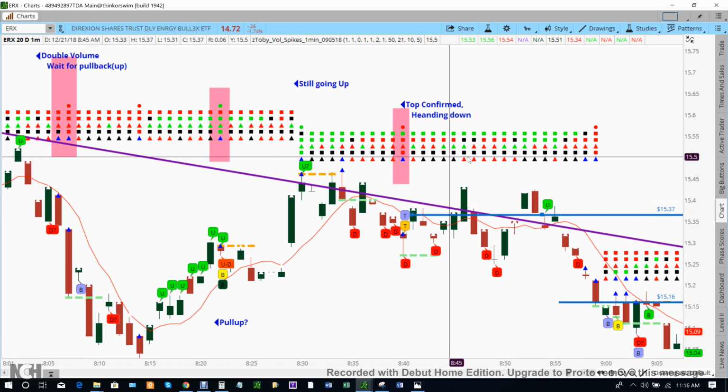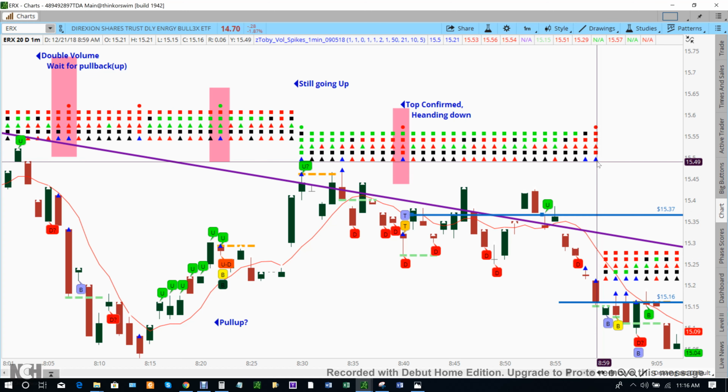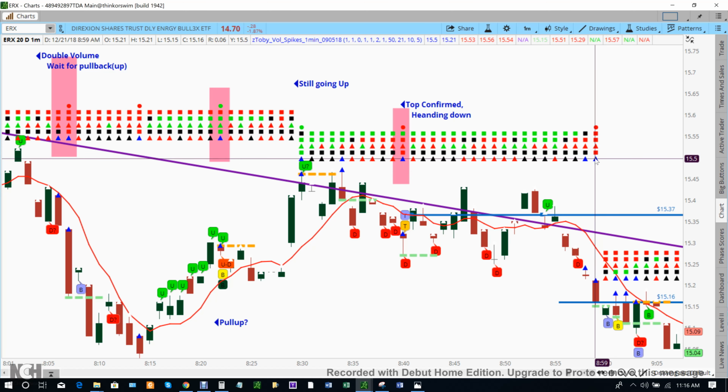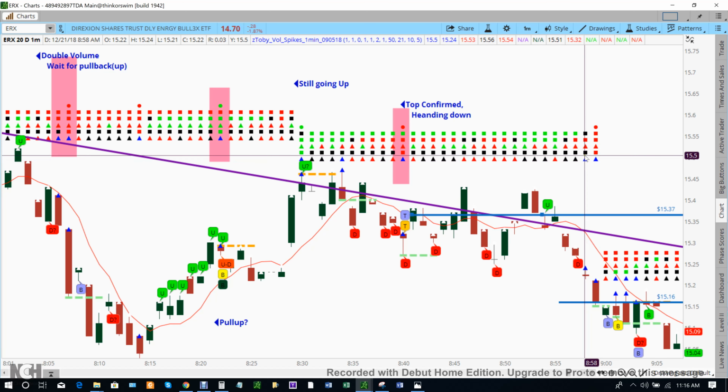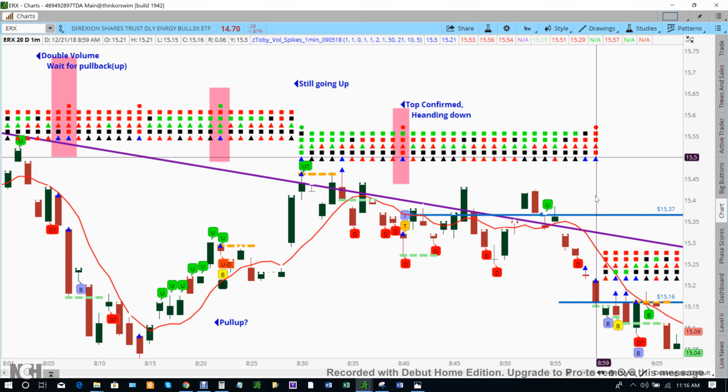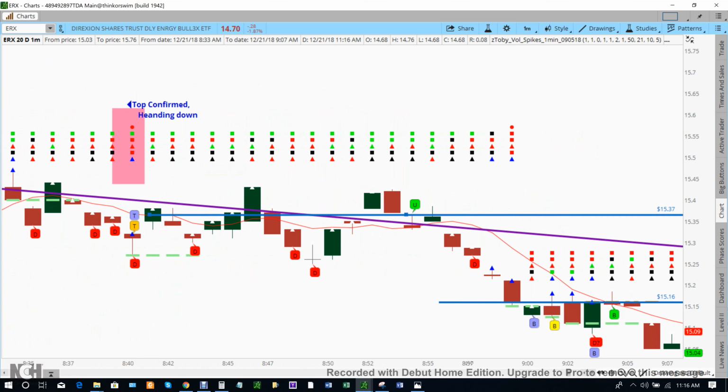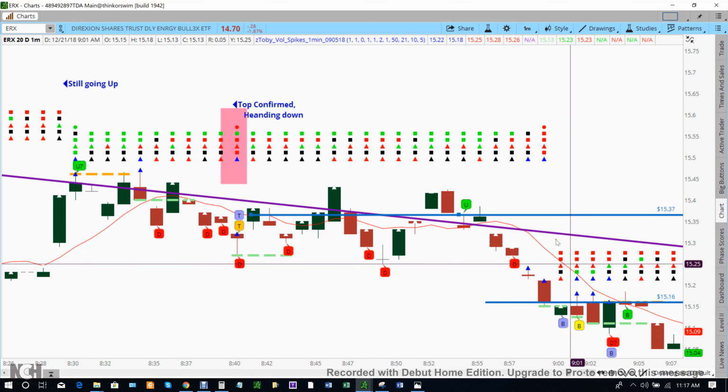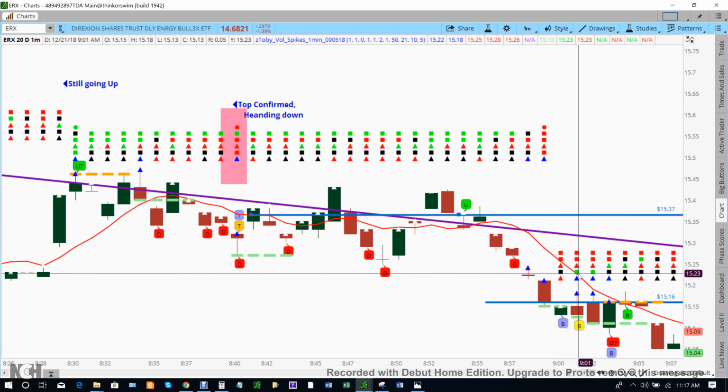Now we're looking for the blue triangles. There's the first blue triangle and it's red. Means it's going down. Here's a blue triangle with black, neutral, red going down. It's cool. Here it is on the exit. All right, exit green.